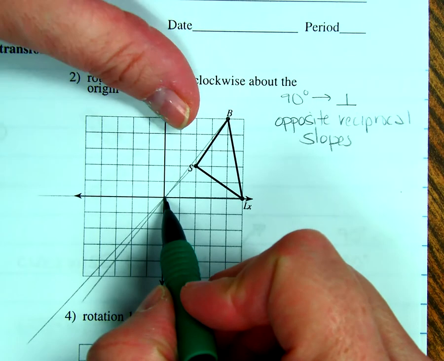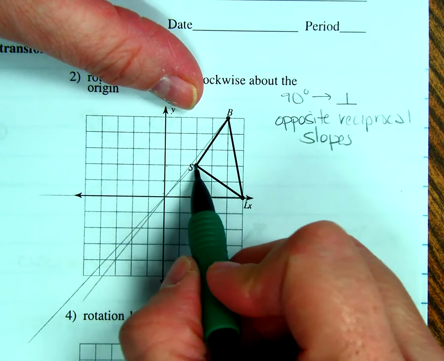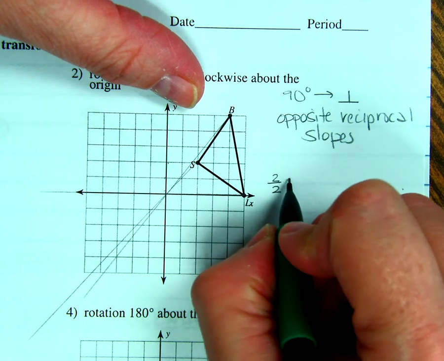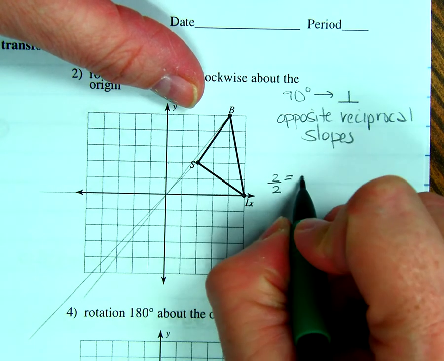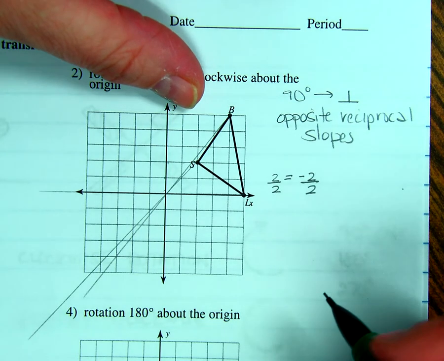So if I go up 2 from the origin and to the right 2, the opposite reciprocal of that is going to be down 2 and to the right 2.